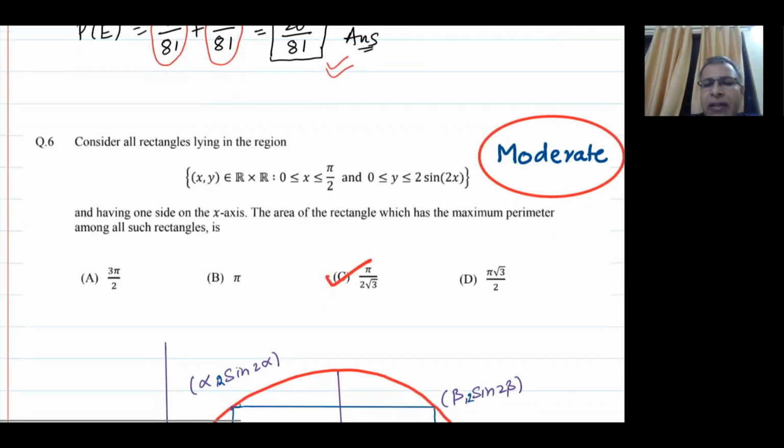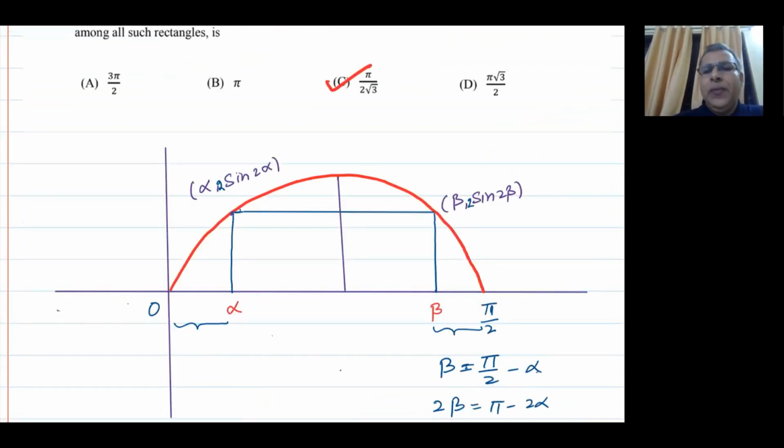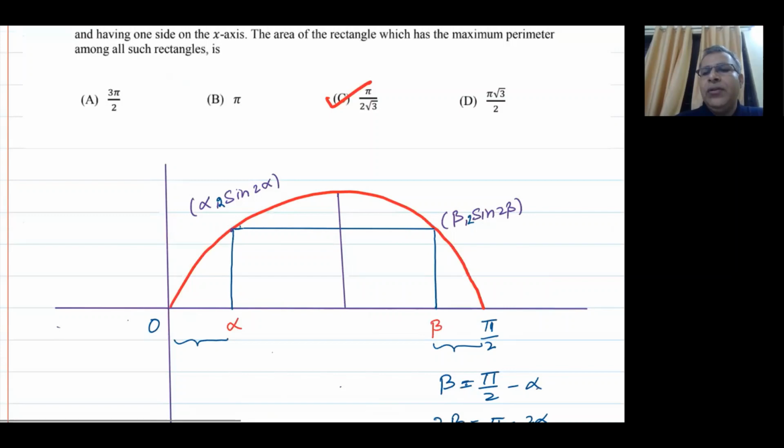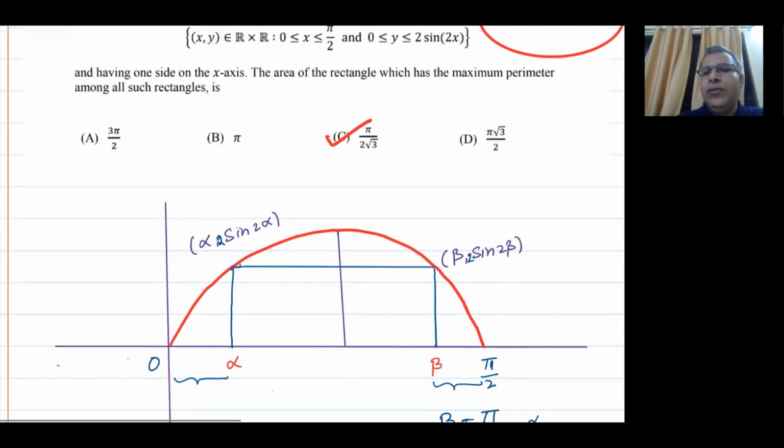So what I did here, first I have to plot the graph of y equal to 2 sine 2x. How will you plot the graph of the function y equal to 2 sine 2x? We have to use transformation.